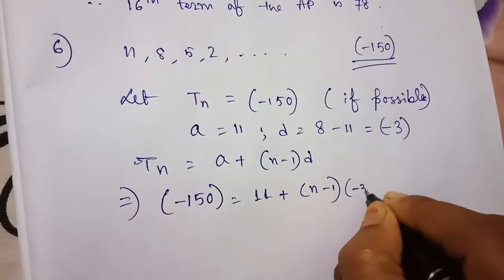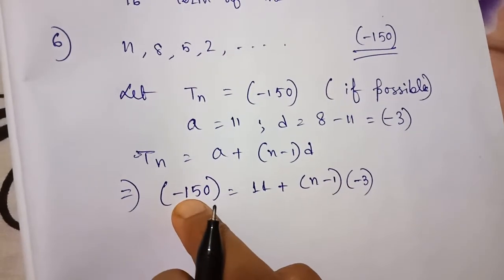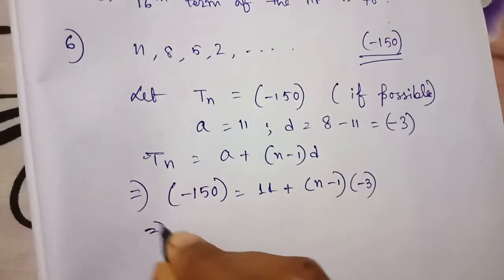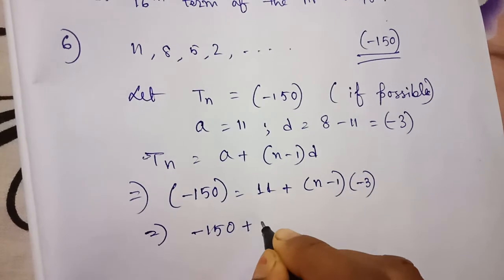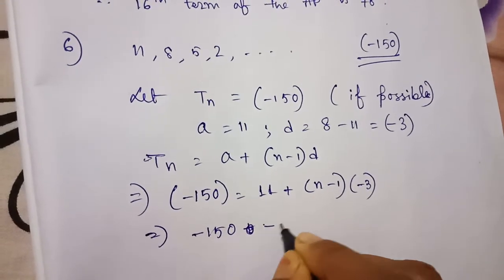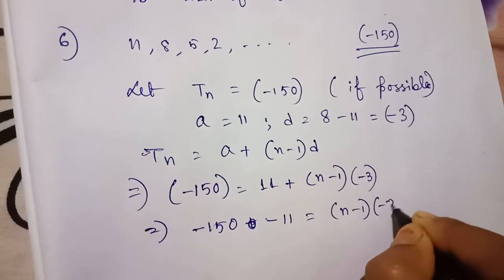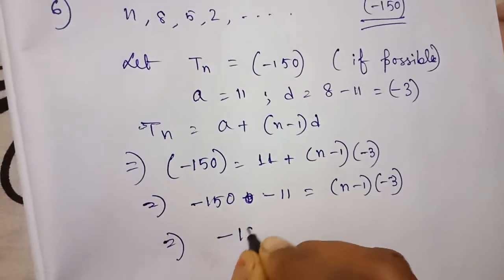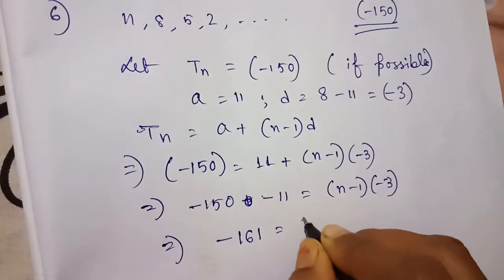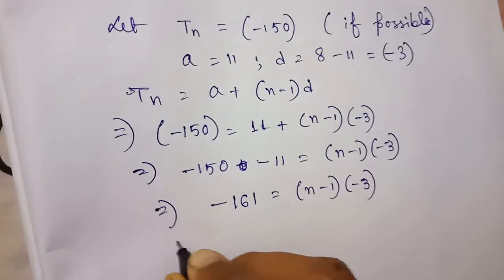D means minus 3. Look, I have kept all the negative numbers inside the bracket. So it's minus 150 minus 11 is equals to n minus 1 into minus 3. It means minus 161 is equals to n minus 1 into minus 3.